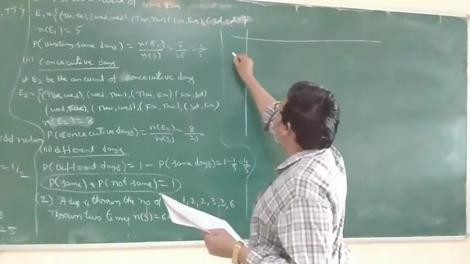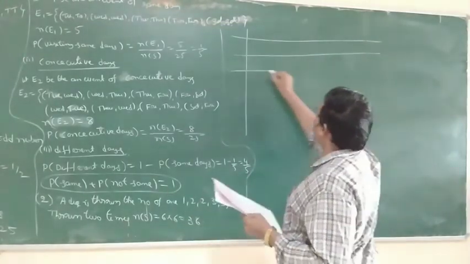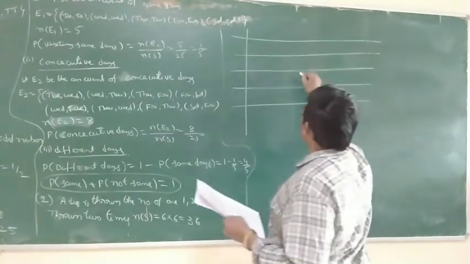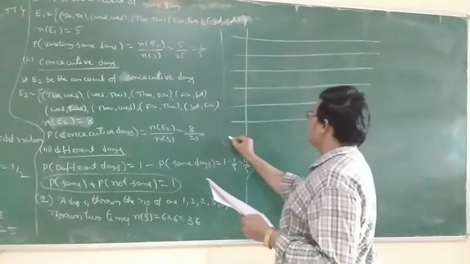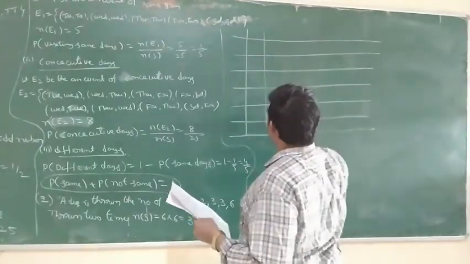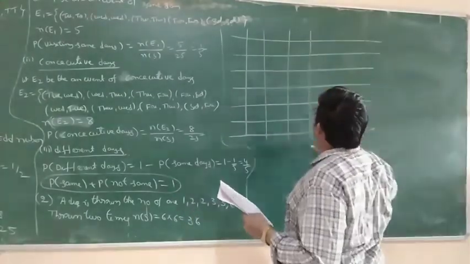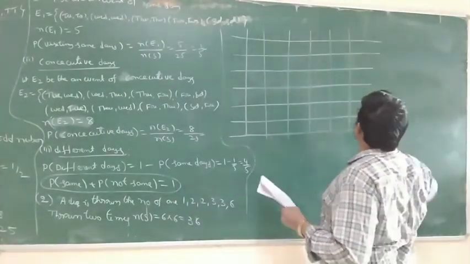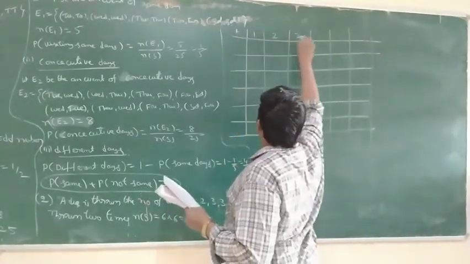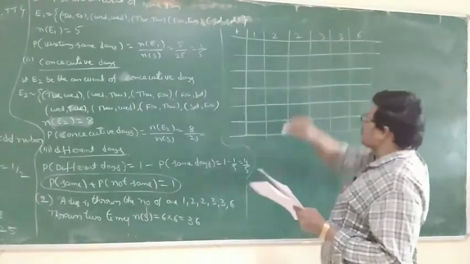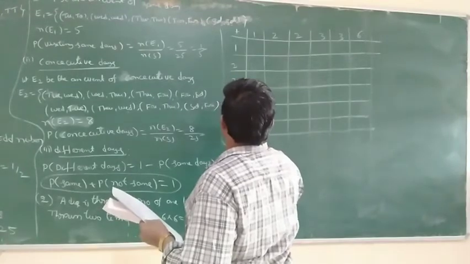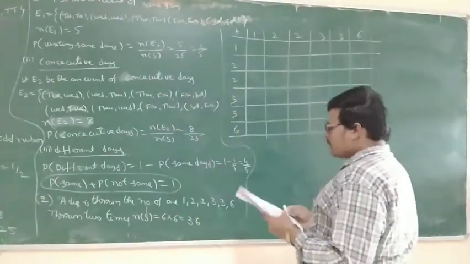How many? 6. 1, 2, 3, 4, 5, 6. These also 6. Here 1, double 2, double 3, 6. Here also 1, double 2, double 3, 6. The table is also given.